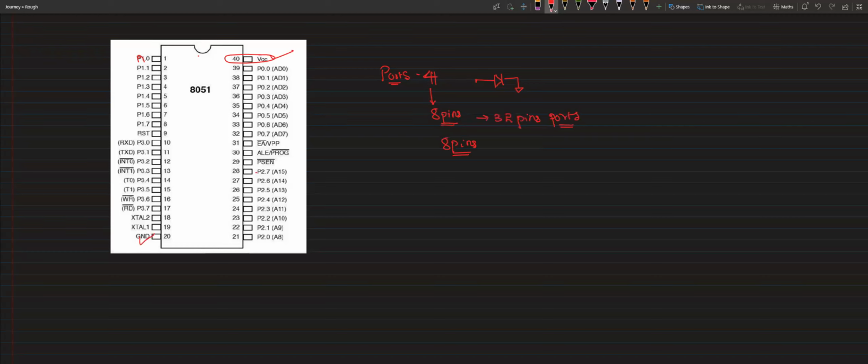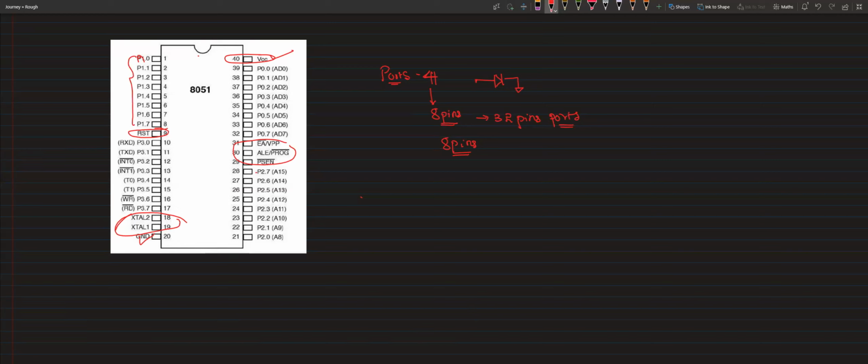And we have external memory interfaces, and the external clock inputs, because any digital sequential circuit needs a clock to operate. And here we have the reset signal. So these are the external pins, but apart from that, the rest of the 32 pins are used as ports.